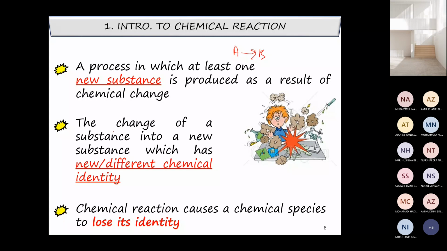And then it is the change of a substance into a new substance which has a new different chemical identity. So from one reactant it will become a new identity here. For example, we have an alkane producing alkene plus hydrogen. And then a chemical reaction causes a chemical species to lose its identity.